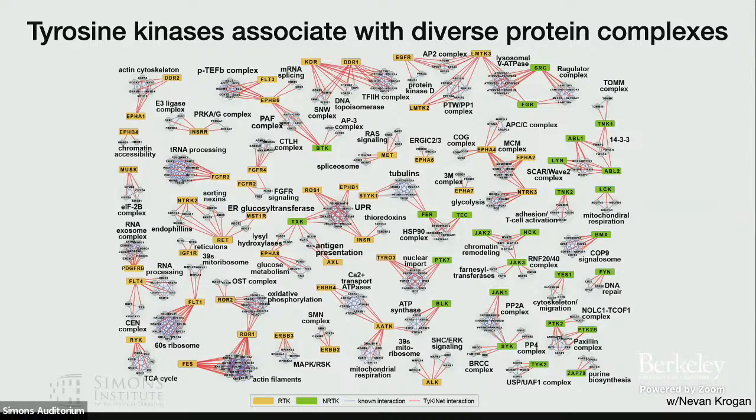These are new connections that piqued our interest, not only because they came up in this unbiased survey, but also because they correspond to interactions that span multiple components of the same protein complex. So we don't think these are false positives, because we can find multiple members of the protein complex coming down with any single tyrosine kinase.